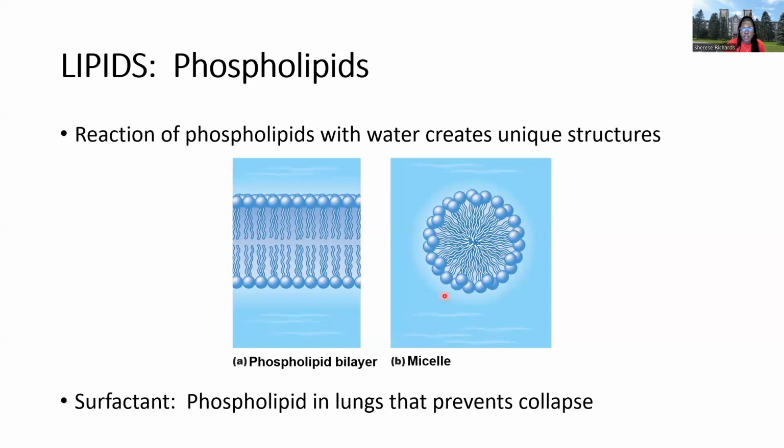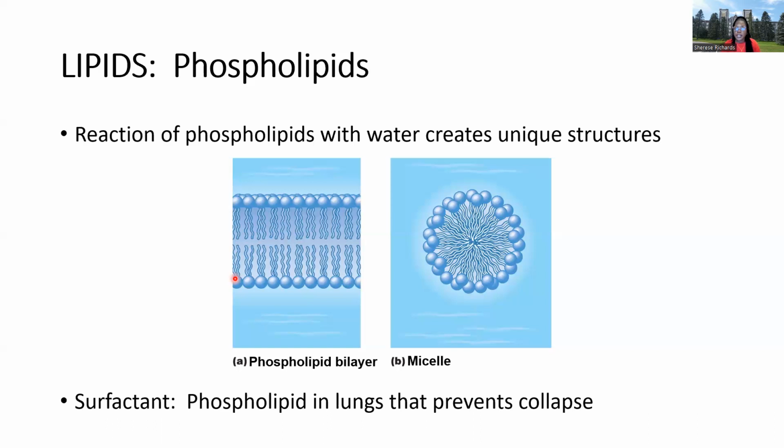And then the phospholipid bilayer is another very important one. This is the layer that forms the cell membrane of all of our cells. And the structure of this membrane is really important, again, for separating our cells and allowing us to have an intracellular fluid compartment and an extracellular fluid compartment.